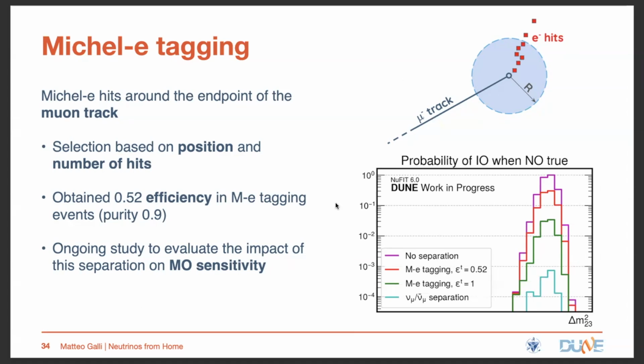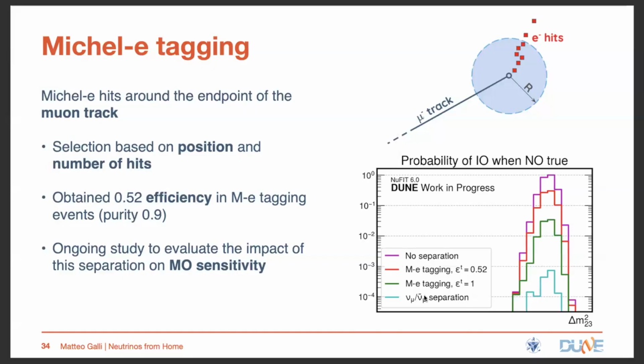What I can show you today is the probability that inverted ordering could explain the data, assuming normal ordering parameters as the true parameters. Here you can see the comparison between no separation of nu mu and anti-nu mu events, the separation with Michel electron tagging with my efficiency, Michel electron tagging with a perfect efficiency, and a perfect separation of nu mu and anti-nu mu events.